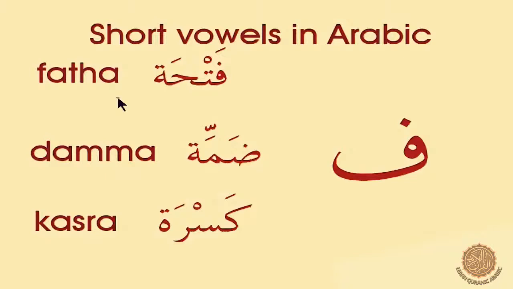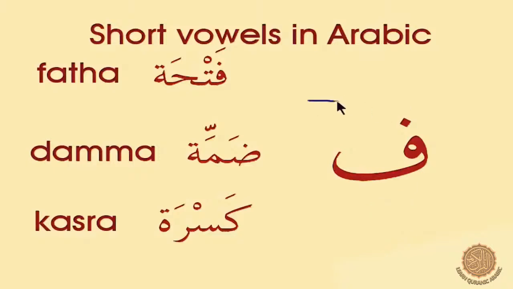We don't add them after the letter. We add it on top of the letter. So fatha will be written as follows. It's written with a line on top, like that. Al-dhamma will be as follows. It's like a small wow. And we have the kasra, which is like a fatha, but on the bottom.